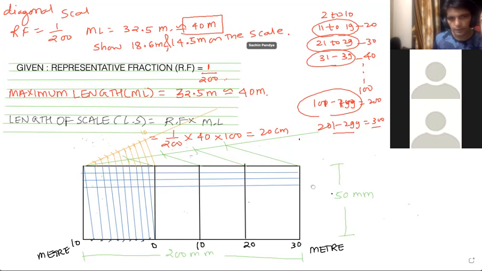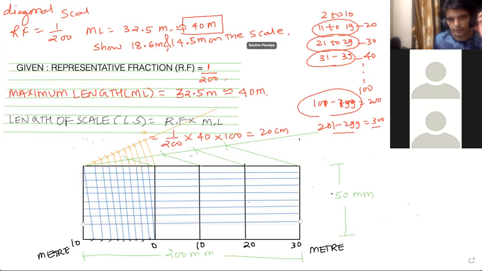3. Since we have 5 centimeter, we'll take 5 millimeter, so it would be easier. 6, 7, this is 8, this is 9, 10. This is how it would be. So 1, 2, 3, 4, 5, 6, 7, 8, 9, 10.